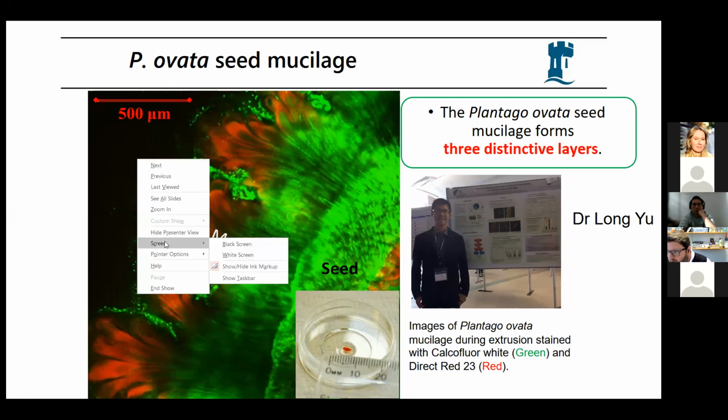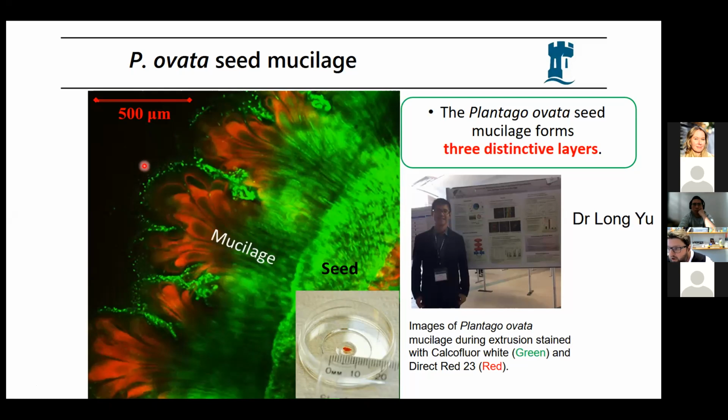I'll switch back to the laser pointer so you can follow where I'm pointing. So there is this diffuse layer that disintegrates, it's fully soluble in water. And then we have this gel layer, which is stained primarily by direct red 23. And then we have another gel layer that is stained by the calcofluor white.